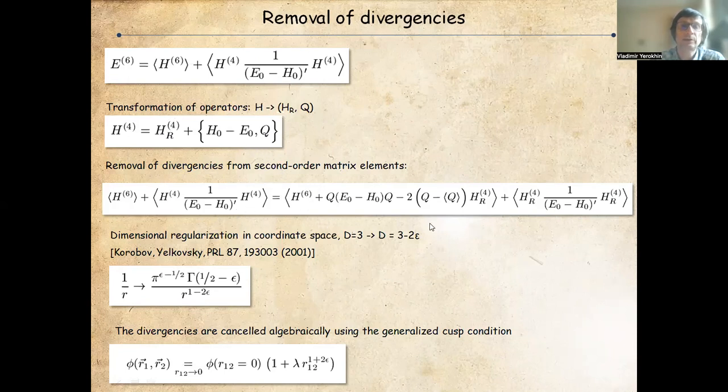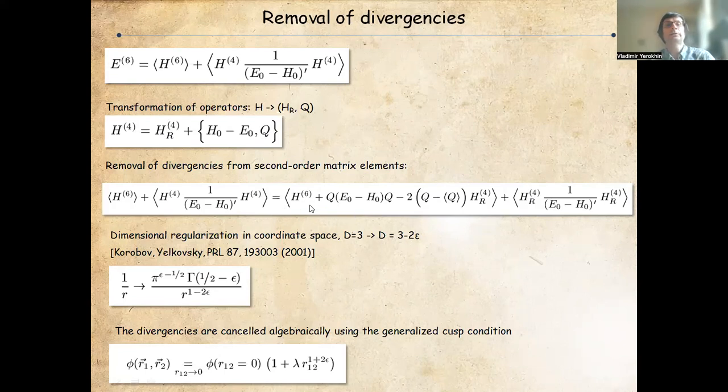Inserting this, we arrive at a second order correction, which is finite and does not contain any divergences, and more complicated first order operators.